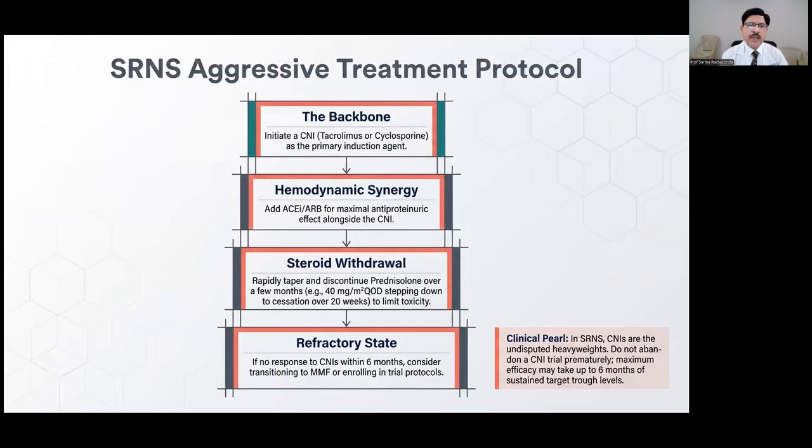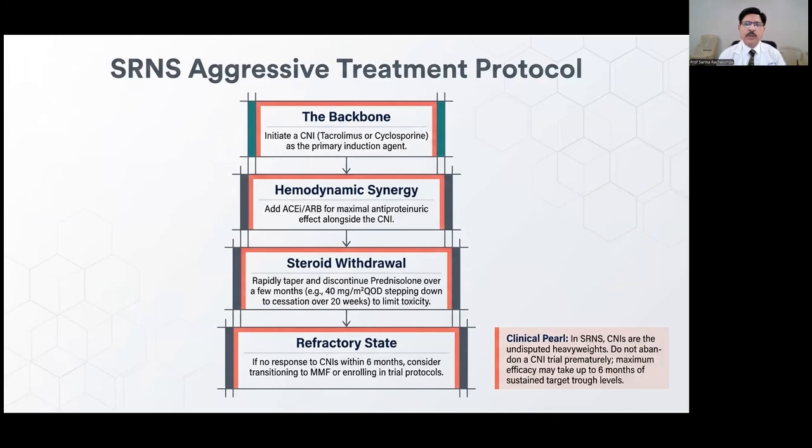Now, SRNS, steroid resistant nephrotic syndrome, aggressive treatment protocols. The backbone: initial CNI, tacrolimus or cyclosporin, as the primary induction agent. Why? Steroid has already been tried and there is no response. You have to give calcineurin inhibitors like tacrolimus or cyclosporin.